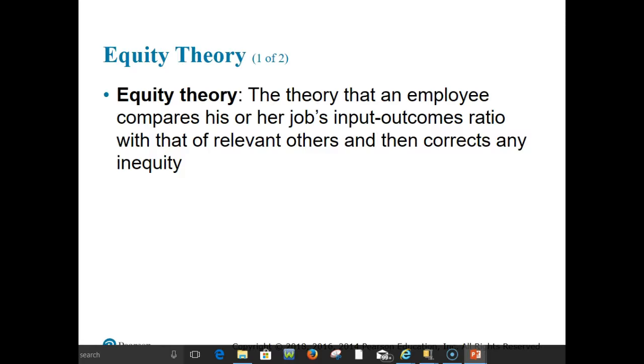So when inequities occur, employees attempt to do something about it, and the result might be lower or higher productivity, improved or reduced quality of output, increased absenteeism, or voluntary resignation. So again, equity theory is the theory that an employee compares his or her job's inputs-to-outcomes ratio with that of relevant others, and then corrects any inequity.